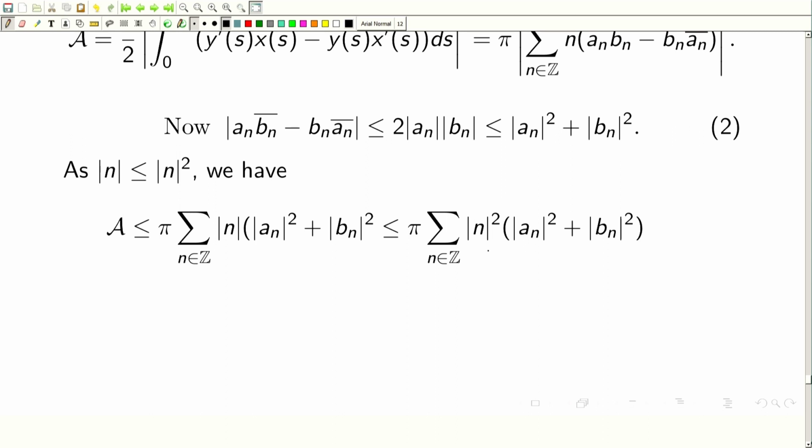So this dominates this. Now by the Plancherel formula, this is the mod of x prime of s square plus mod of y prime of s square, which we have taken to be equal to 1. The L2 norm of that is equal to 1. So then this becomes pi. That is what essentially we wanted to prove, that A is less than or equal to pi.